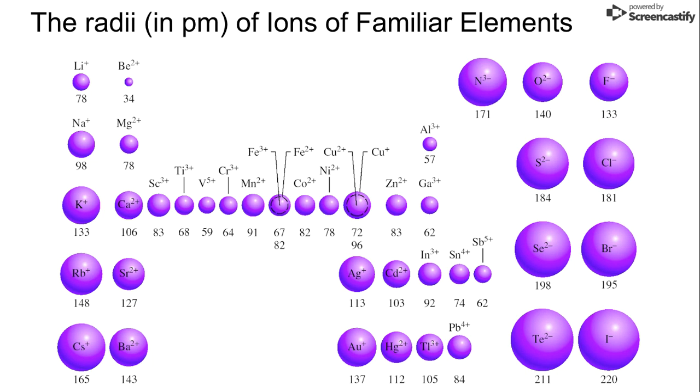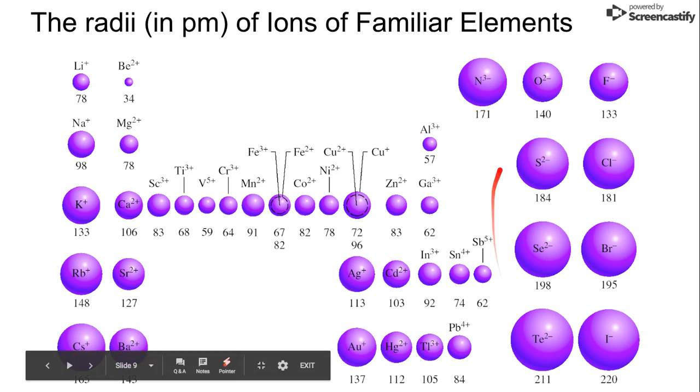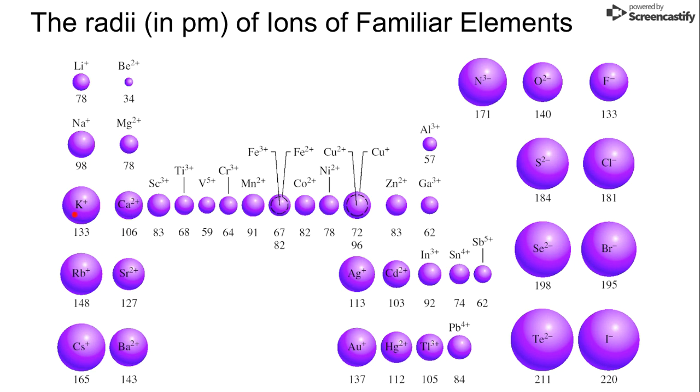And so this is another visual graphic to show you that, and this is another thing that you can see as you go down the table, things get larger. And what you can also notice is these things that form multiple negative charges are larger than singly negative charges. And things that are multiply positive charged are smaller than singly positive charged.